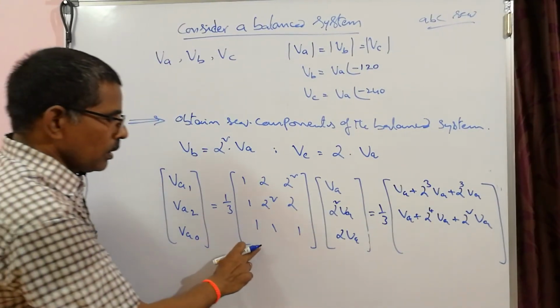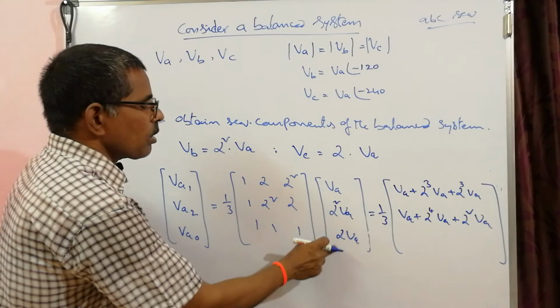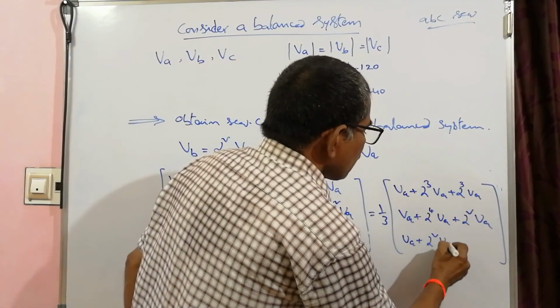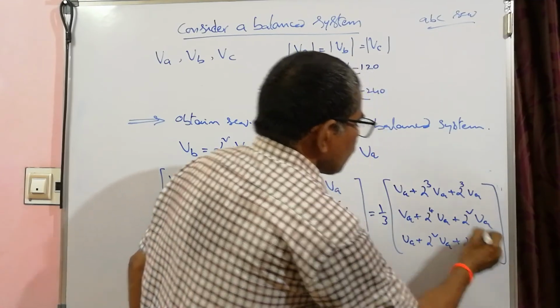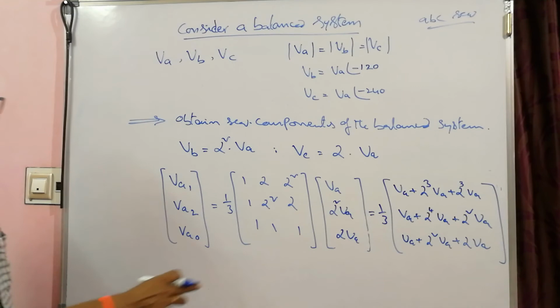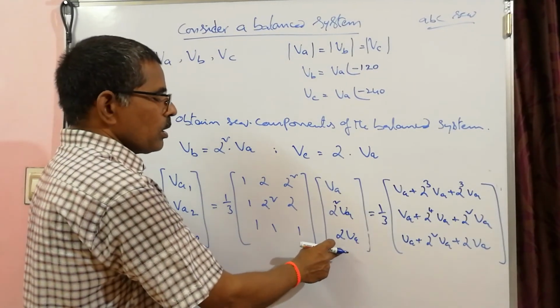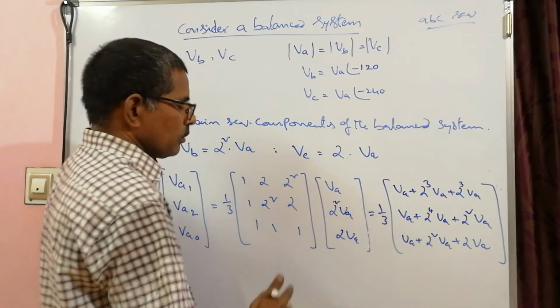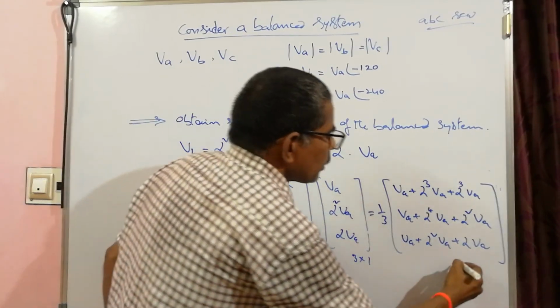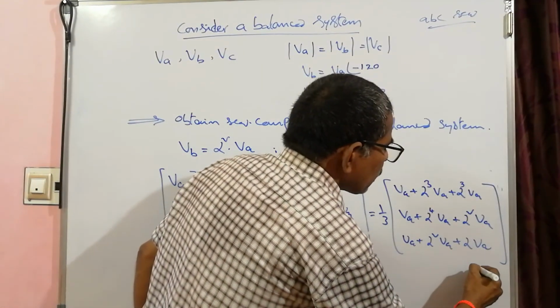Then third term: VA plus alpha square VA plus alpha VA. So I just multiplied this with this. This is a 3 by 3, this is a 3 by 1, so the resultant is 3 by 1.